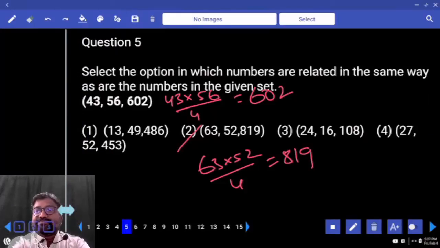Answer is second option. Not that easy to guess.